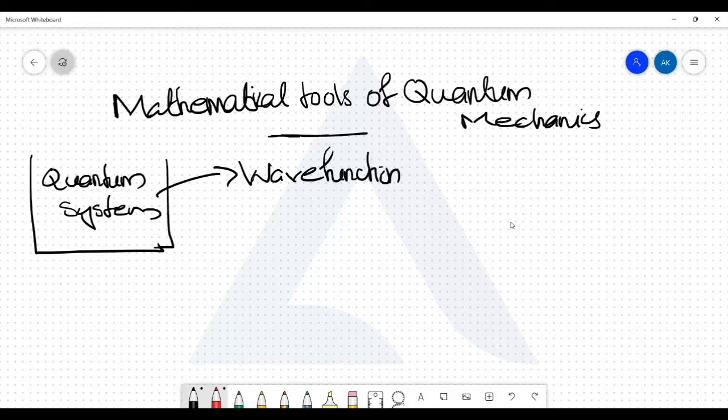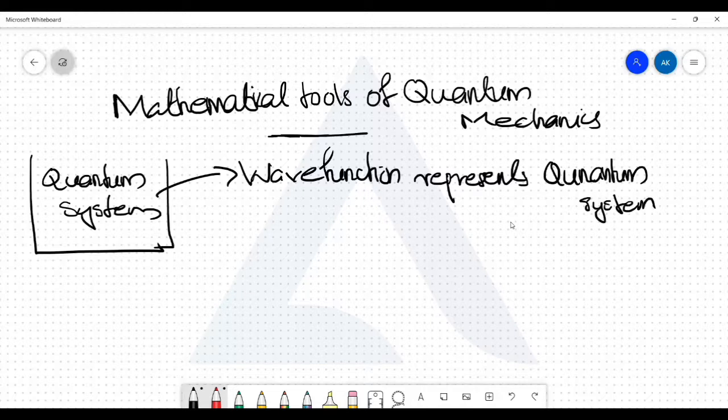A quantum system is usually represented using a wave function. And there are many physical observables in the system. And for every physical observable, there exists an operator.